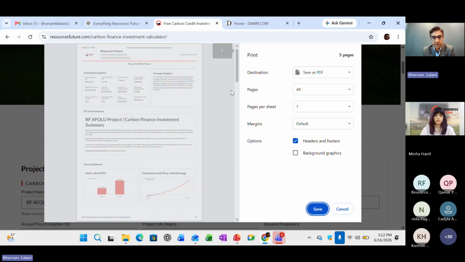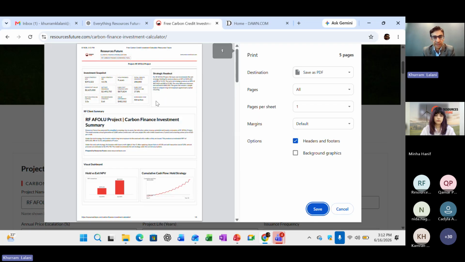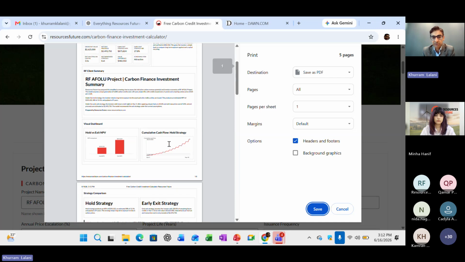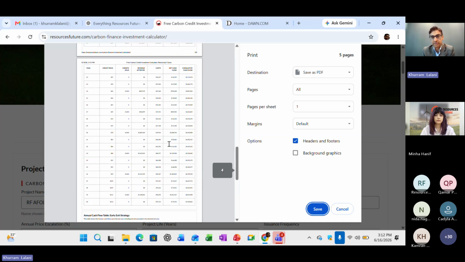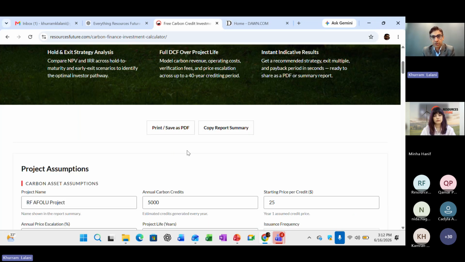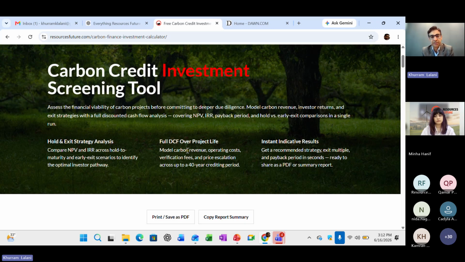And if I do print and save as PDF, it just gives you a very neat summary. And all you need to do is to attach the detailed financial models with your pitch deck, maybe use the numbers, and you can use it for early stage investment access. A lot of project developers that we have met, they tend to struggle.